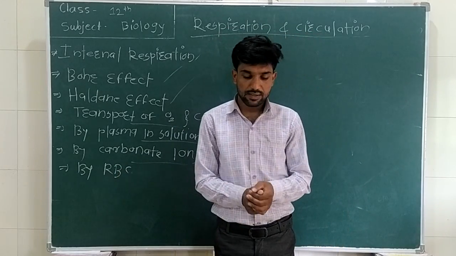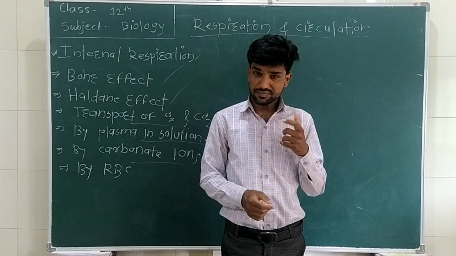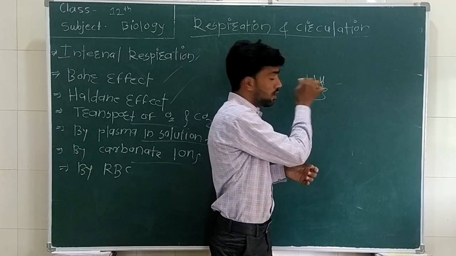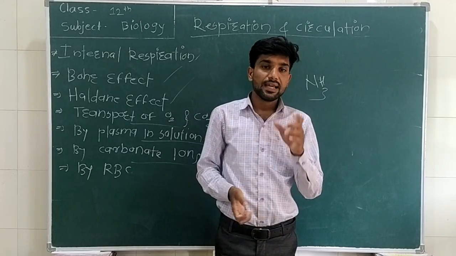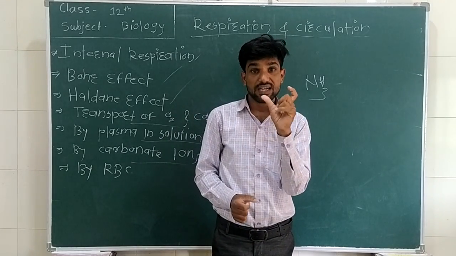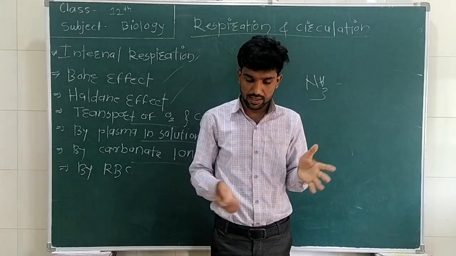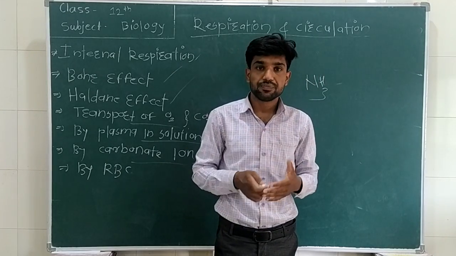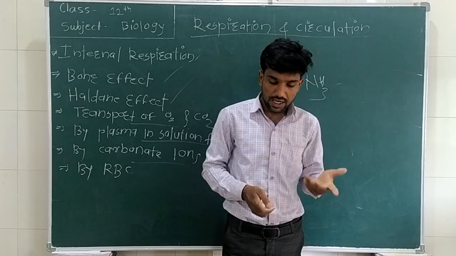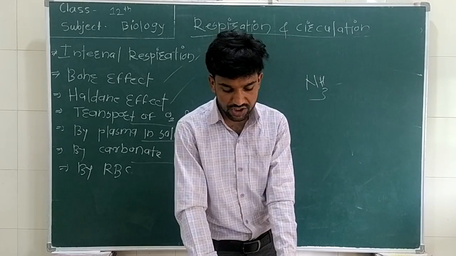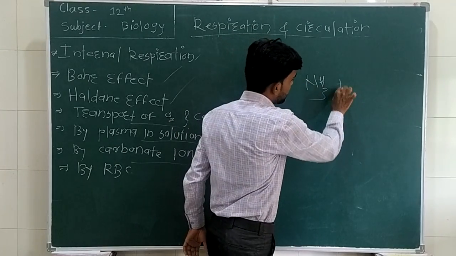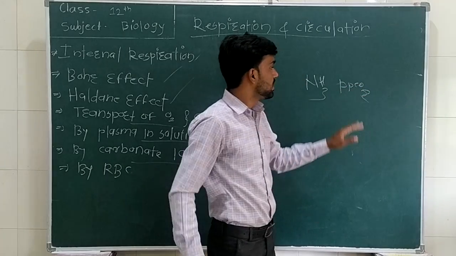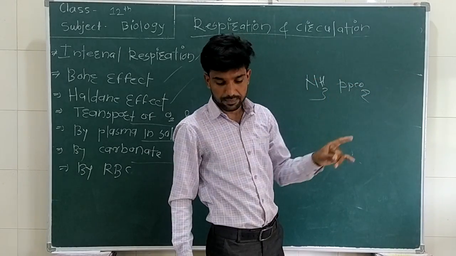The carbon dioxide binds with the amino group of hemoglobin, and it is a loosely composed form. It is not tight, so it decomposes immediately. So the partial pressure is low. PPCO2 means partial pressure of carbon dioxide.